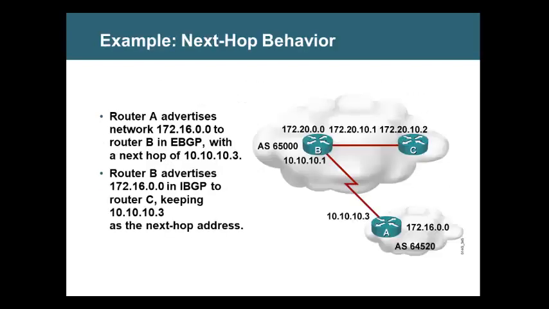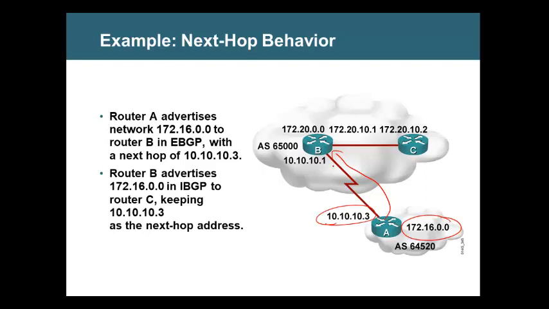For example, here, if you take this 172.16 network, when A gives it to B, A is the giver. A will say, I am 10.10.10.3 giving you.